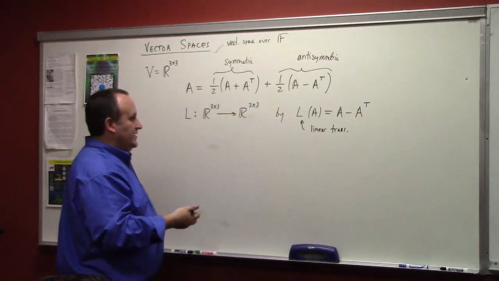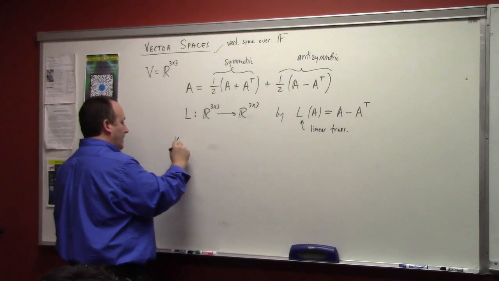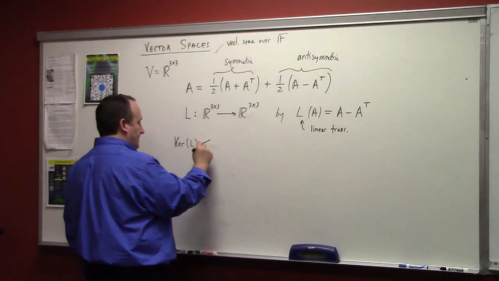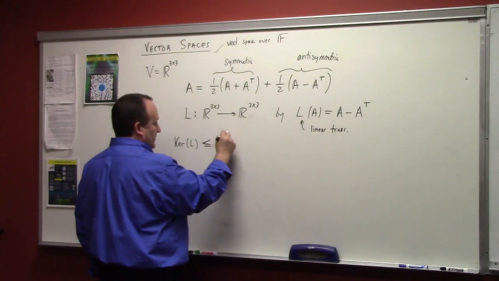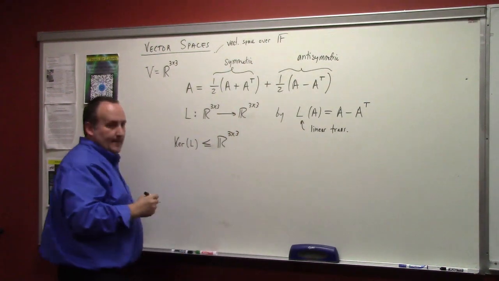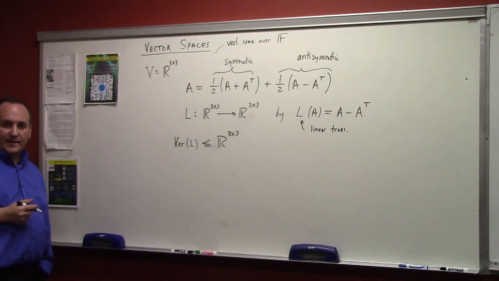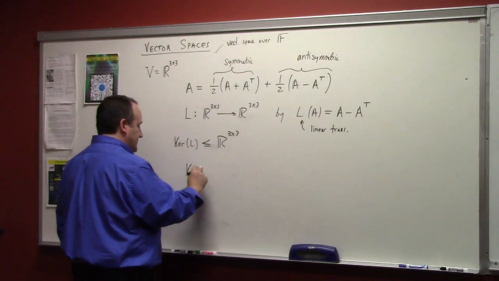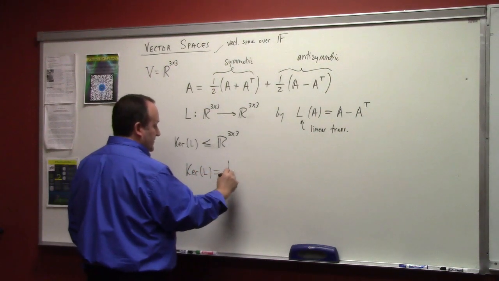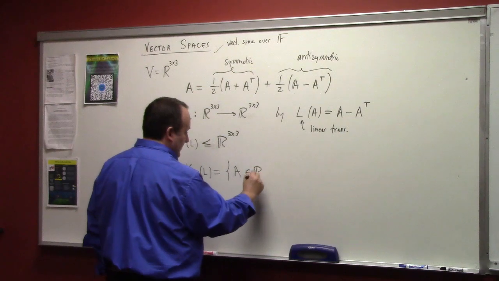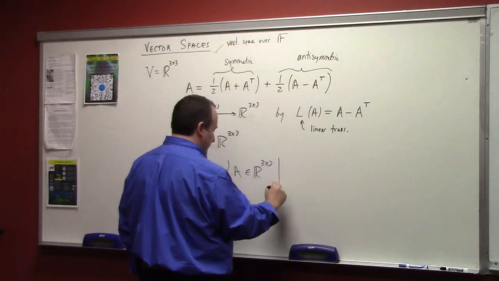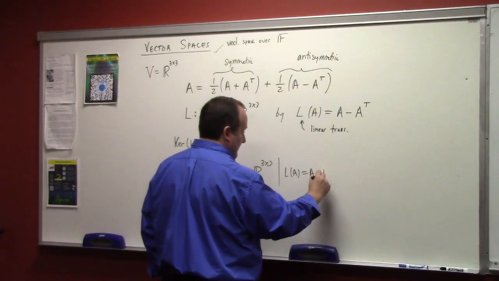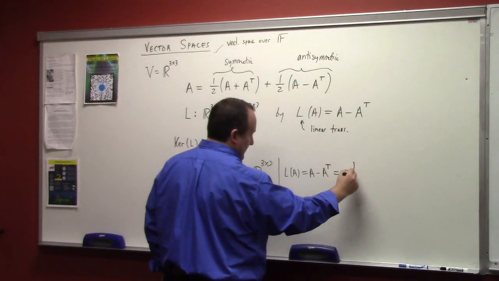What do I know? I know that the kernel of L is a subspace of R^(3 by 3), right? And what is the kernel of L? Well, the kernel of L is equal to the set of A in R^(3 by 3) such that L of A, which is equal to A minus A transpose, is equal to 0.